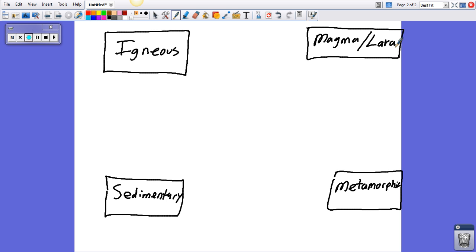So the first thing we want to look at is how do things get from one spot to another. I'm going to start with how things turn to magma and lava. And that's basically through the processes of subduction and melting. Basically any of the three types of rock can become magma this way. So subduction, melting that way.